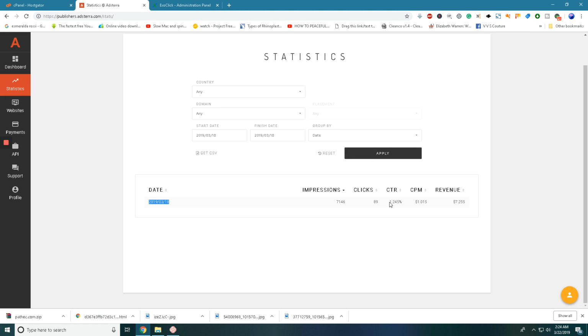The CTR was 1.245, and the CPM was 1.015. My revenue ended up being 7.26. It doesn't even matter at this point.